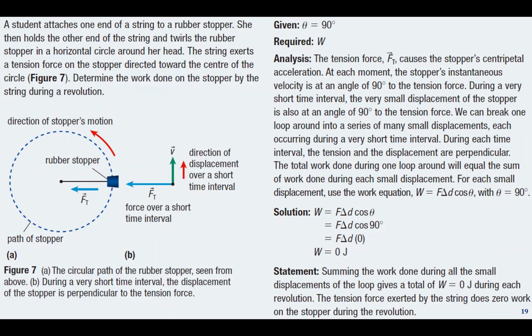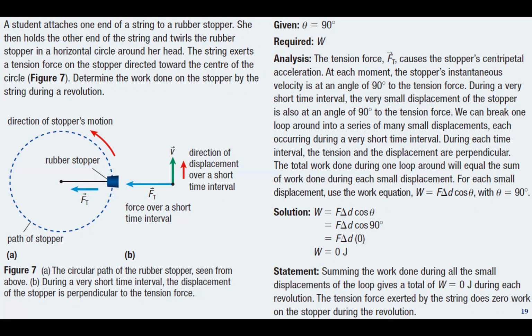During a very short time interval, the very small displacement of the stopper is also at an angle of 90 degrees to the tension force. You can break one loop around into a series of many small displacements, each occurring during a very short time interval. During each time interval, the tension and displacement are perpendicular.